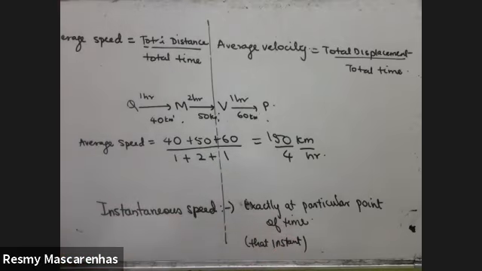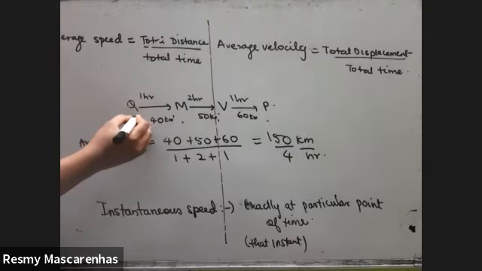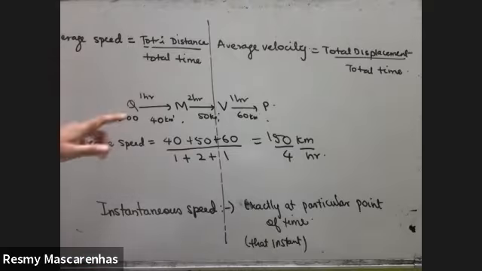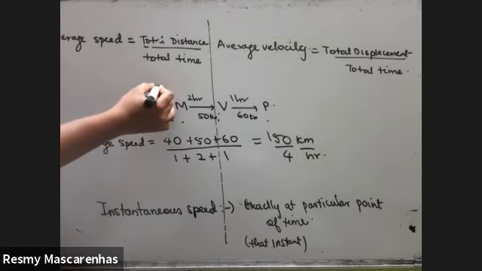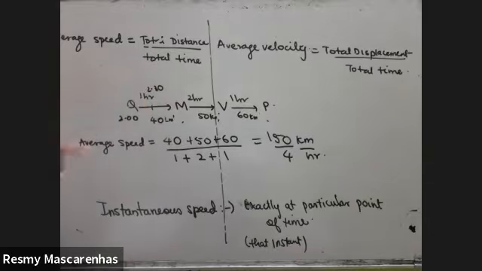So suppose you had left here at 2 o'clock and I want to know what exactly my speed was at 2:30. So exactly at 2:30, what was my speed?